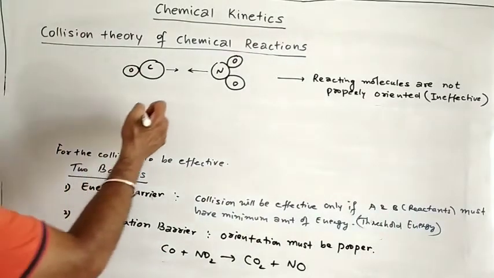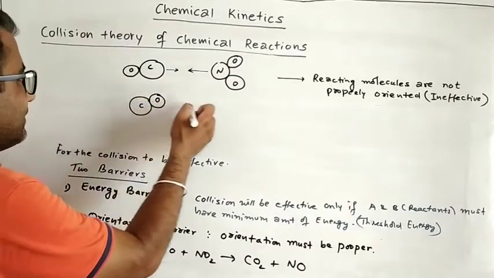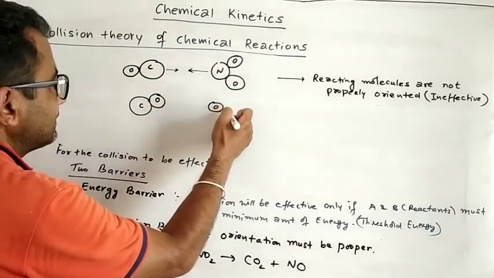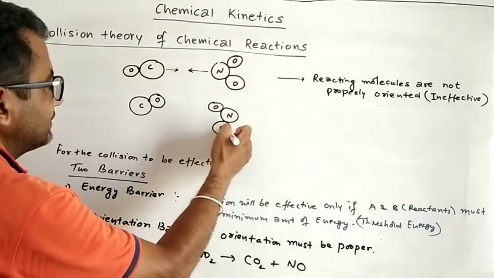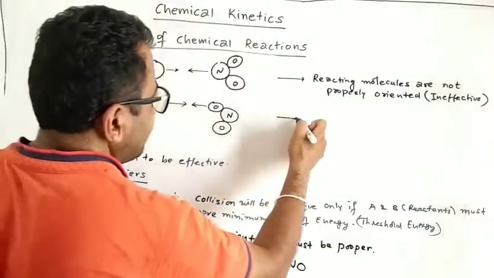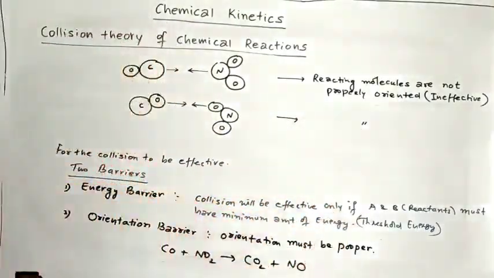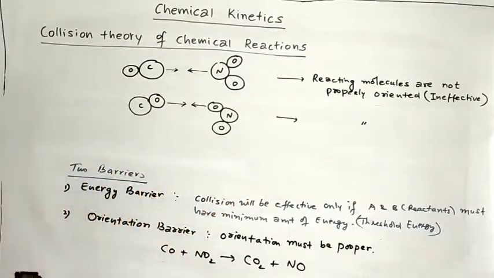Second is, say here is oxygen, here is carbon, here is oxygen, nitrogen, oxygen. So this oxygen collides with this oxygen. Again the reacting molecules are not in proper orientation, so the collision will again be ineffective.